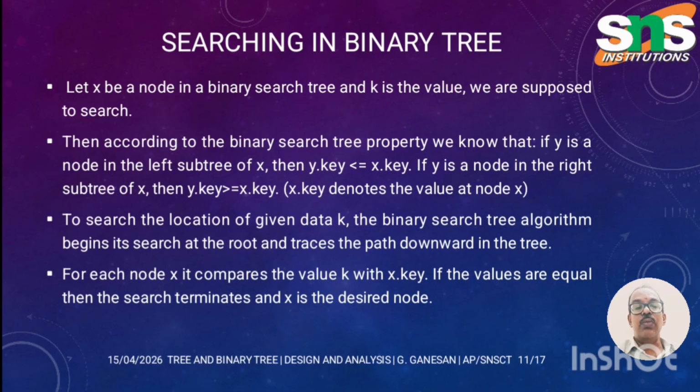If our searching element is greater than the root node, we go to the right side of the root node. If our searching element is smaller than the root element, we go to the left side. Again we search repeatedly until we get the searching element.